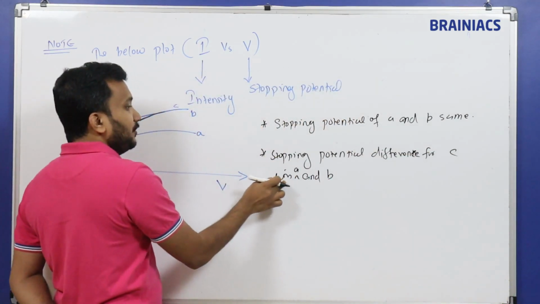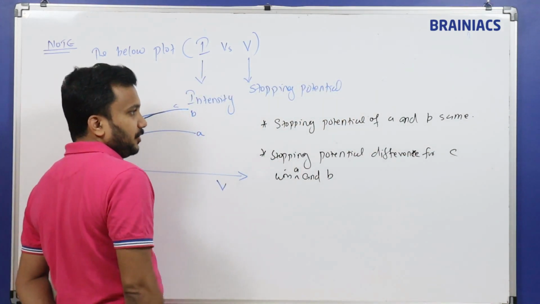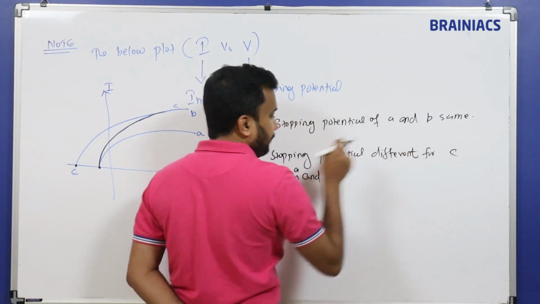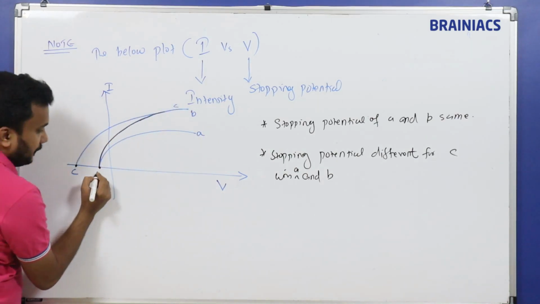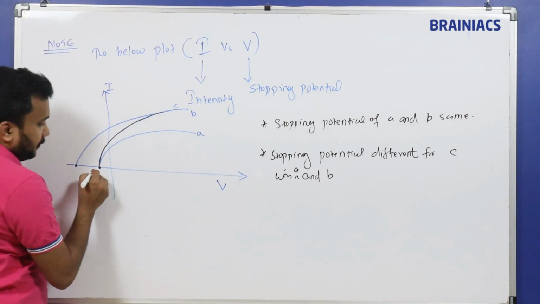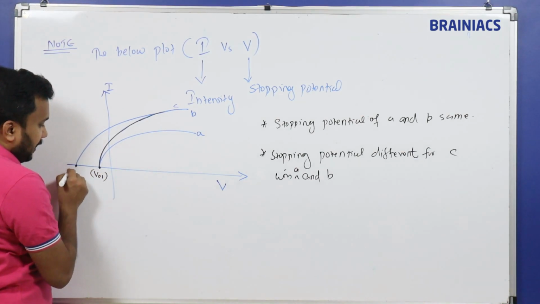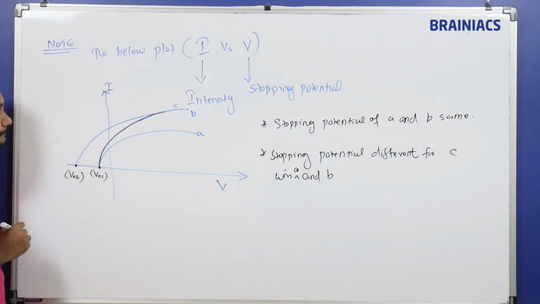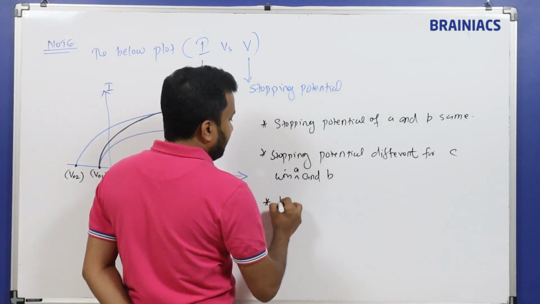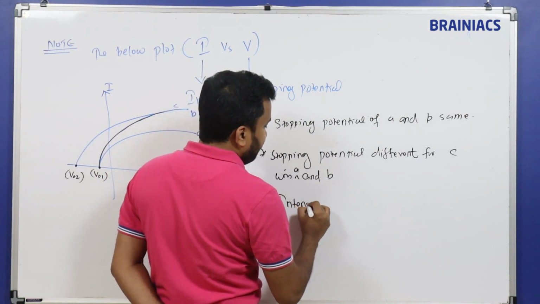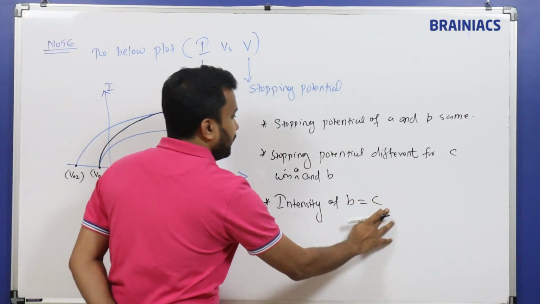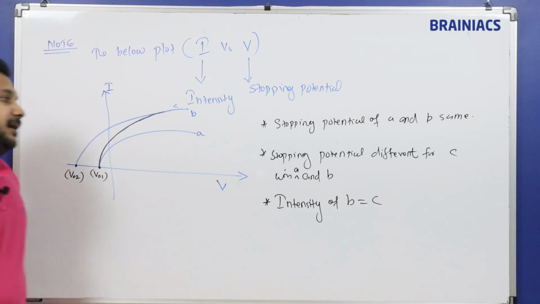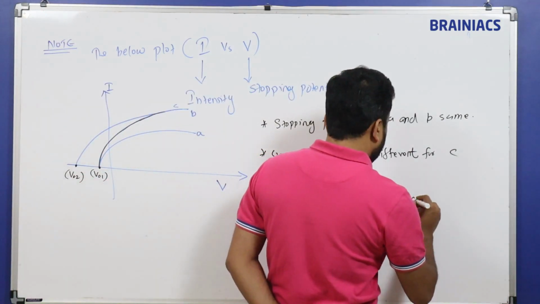Let's give it as V01 and let's give the other as V02. But one more point I am going to say: intensity is higher for which? Intensity of B is equal to C. Intensity of B and C are the same, but it is not equal to A.